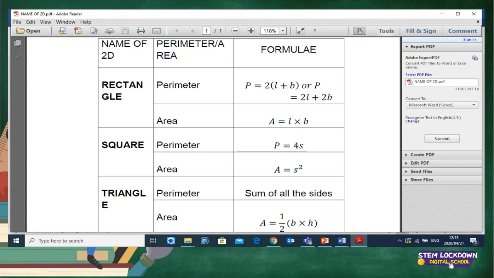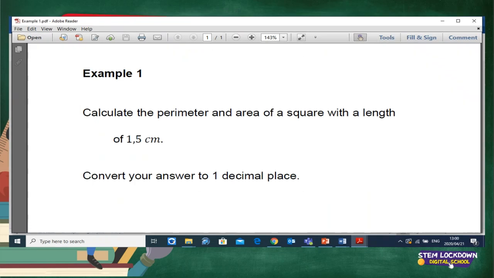So basically, we will do that with example 1, where we will say P is equal to 4s. In other words, it will be 4 multiplied by a side there. And the side that is given is 1,5 centimeters.